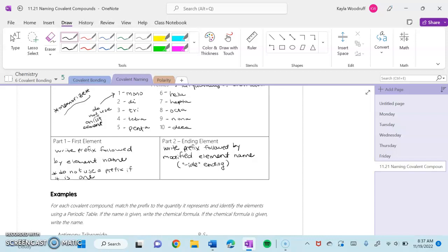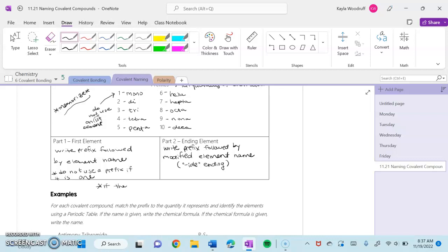Okay. If there is only one element, so it's not 2 different elements, then you will just name that element with its element name. That is a diatomic element. So you wouldn't write dihydrogen if it's H2. You would just write hydrogen. I'm going to make a note down here.